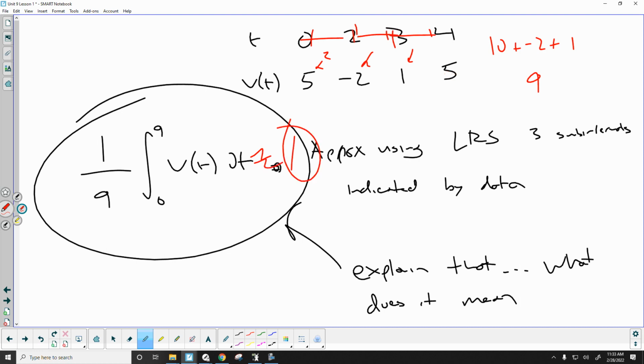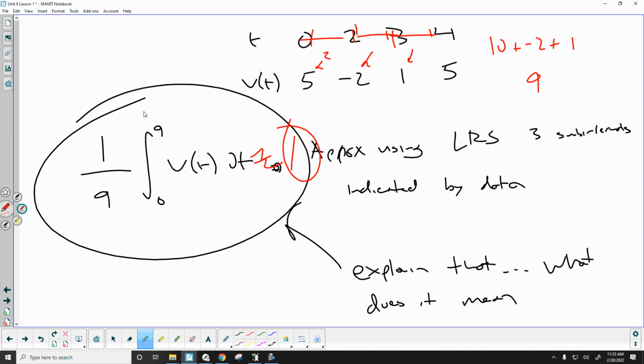What does that mean? Average what? Everybody who says average and then says something other than velocity, you're wrong. If you said average rate of change, average position, average distance, average displacement, you're all wrong.